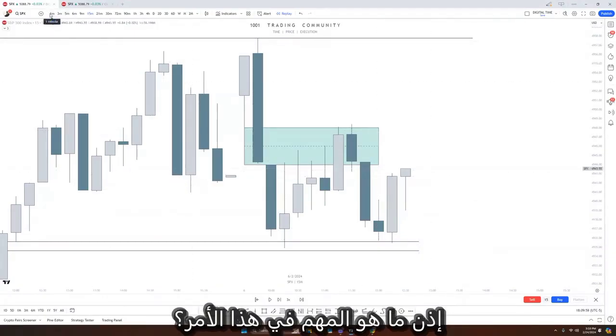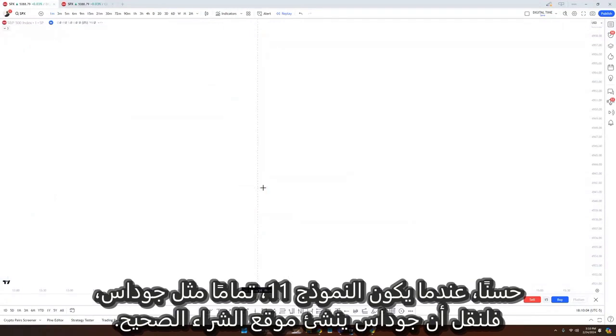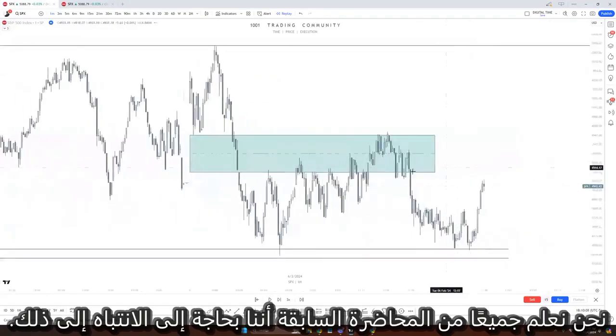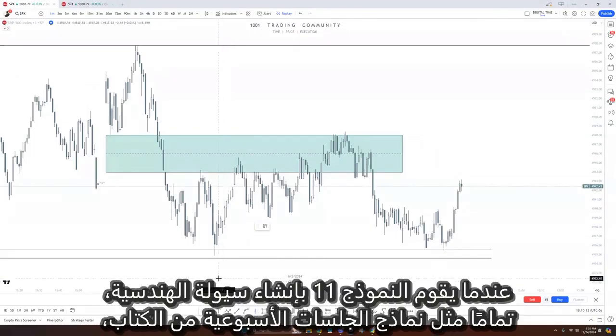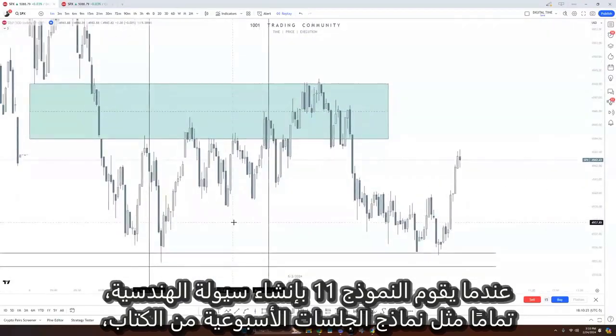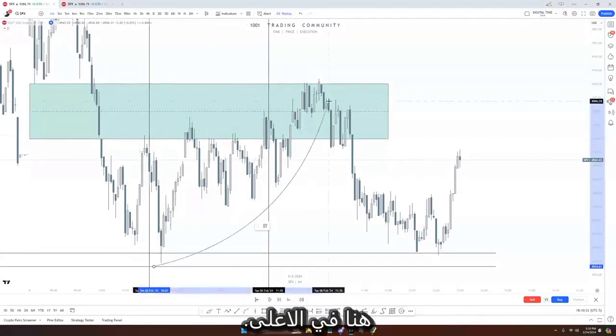So what's important about this? Well, when Model 11, just like Judas, let's say Judas creates buy side, and we all know from the previous lecture that we need to be looking out for that. When Model 11 creates engineered liquidity, just like weekly session models from the book, we need to be smiling and smirking because we know, oh, we have this bearish PD array up here.